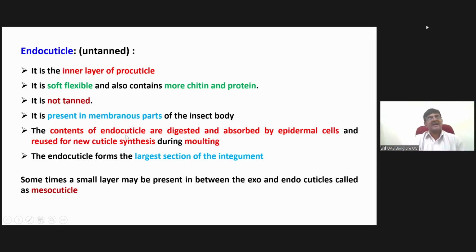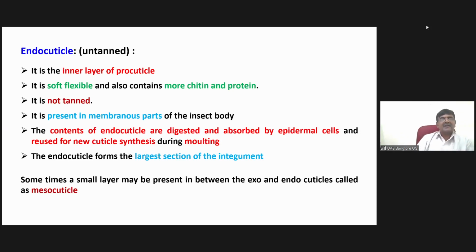Usually the contents of the endocuticle are digested and absorbed by the epidermal cells during the process of molting. They may also be reused for the new cuticle synthesis.